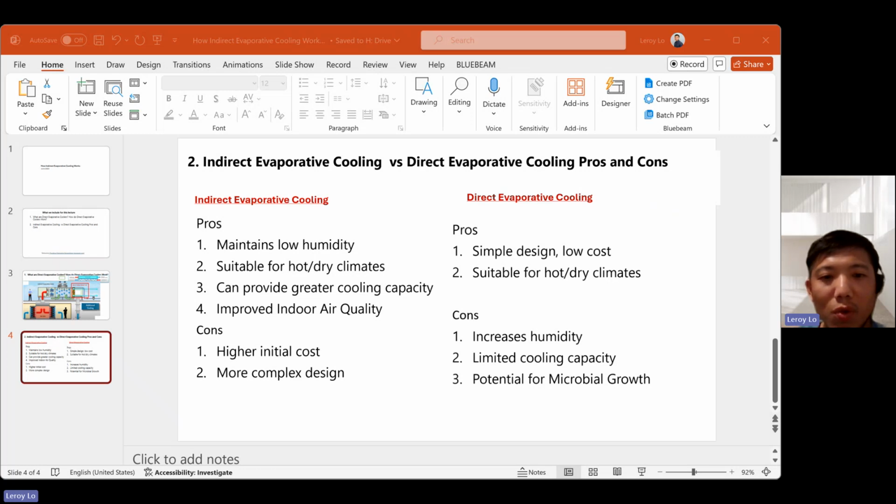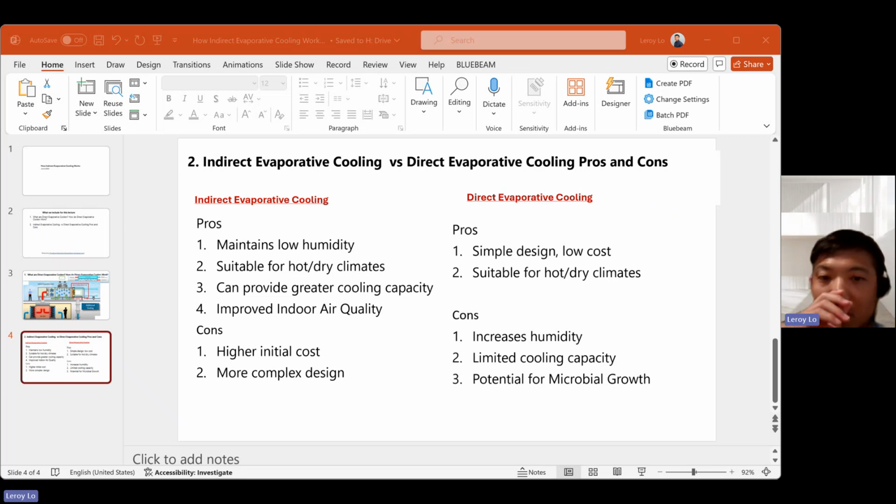Number two is the more complex design. The heat exchanger and additional components in an indirect evaporative cooling system make the overall design more complex, which will lead to higher maintenance requirements and potentially more frequent repairs.